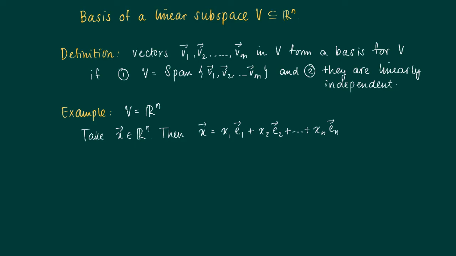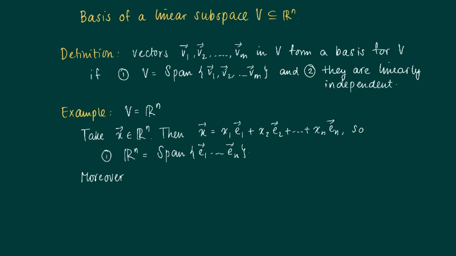So this means that condition 1 for being a basis holds, so we can take these natural unit vectors e1 to en in order to create Rn as a span of these vectors.